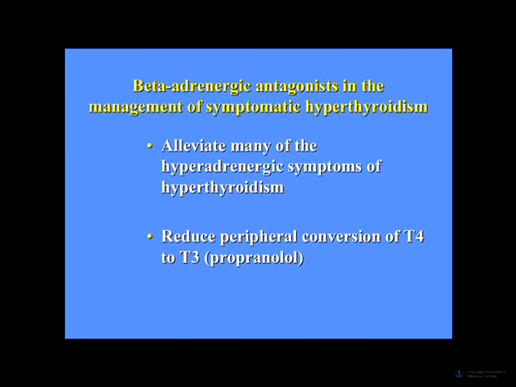They also can decrease the stare that can happen in some patients who have too much thyroid hormone. And propranolol, interestingly, reduces the peripheral conversion of T4 to T3. It has some effect to decrease the type 1 iodothyronine deiodinase activity.